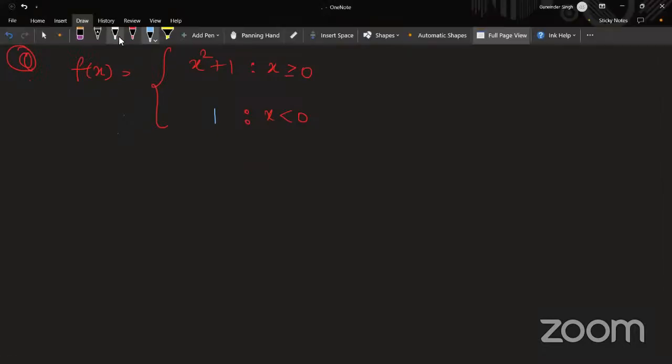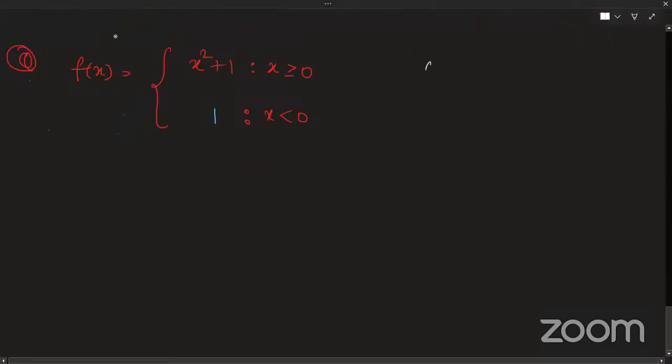First of all, I am asking you to check the left hand derivative and the right hand derivative at x equal to 0.